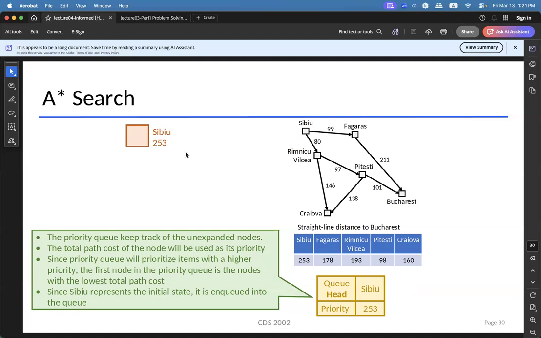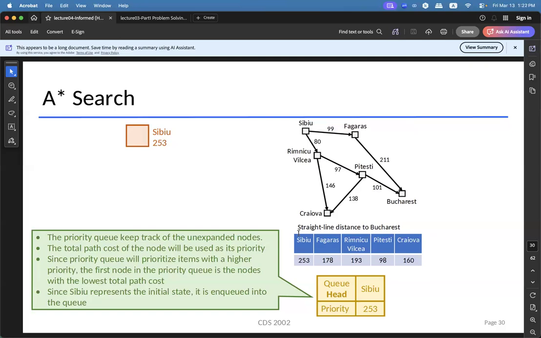Cebu is our initial state, so it has a path cost of 0, and according to the heuristic function, the straight line distance from Cebu to Bucharest is 253. So 0 plus 253 equals 253. As a result, we add Cebu with the value 253 into the priority queue as the root node.